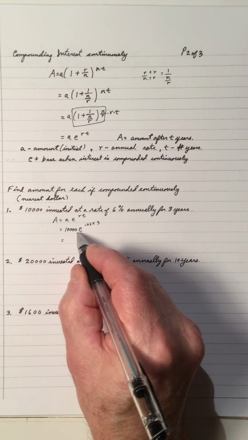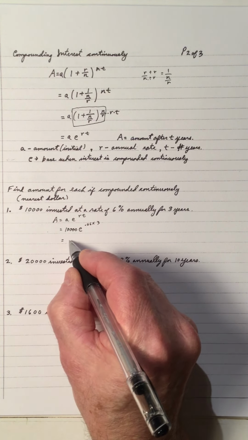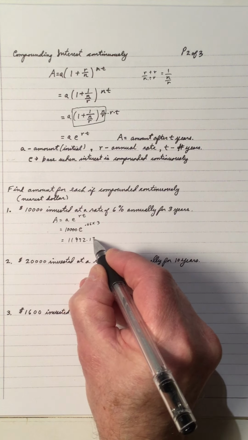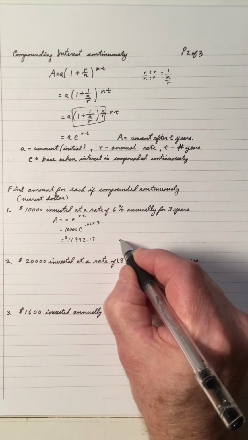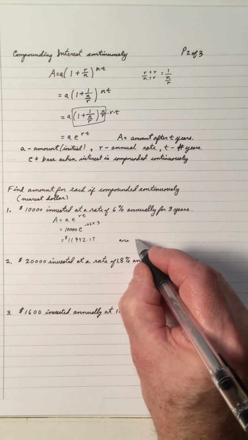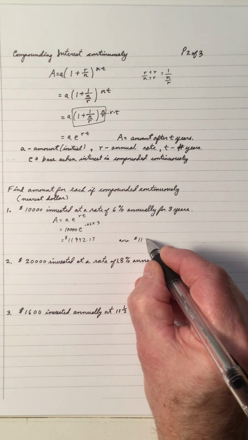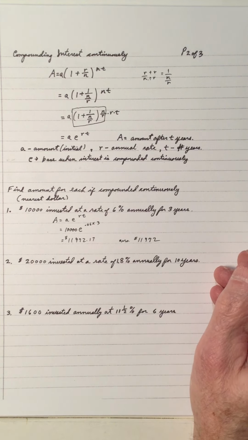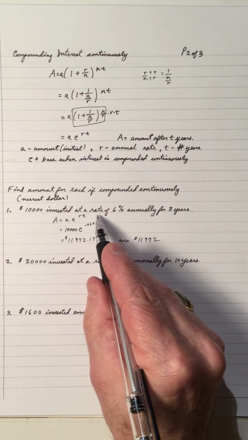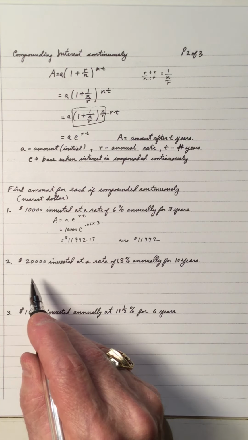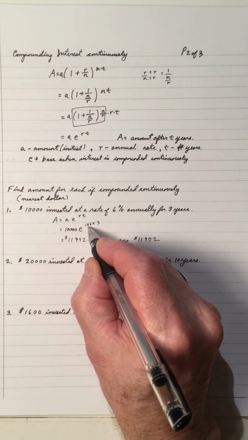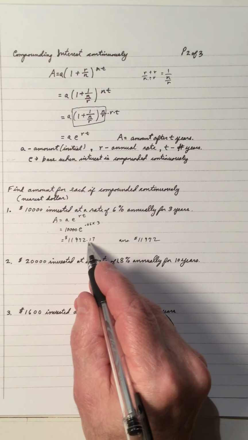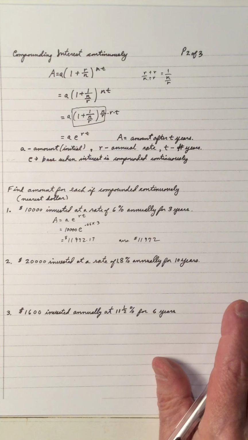So when you plug that in your calculator, you get 11,972.17, and so the answer to the nearest dollar is $11,972. So that's the amount you can make in 3 years at an annual interest of 6%. Again, you could make this 0.18 and plug it in the calculator, so that comes out to give you that number.